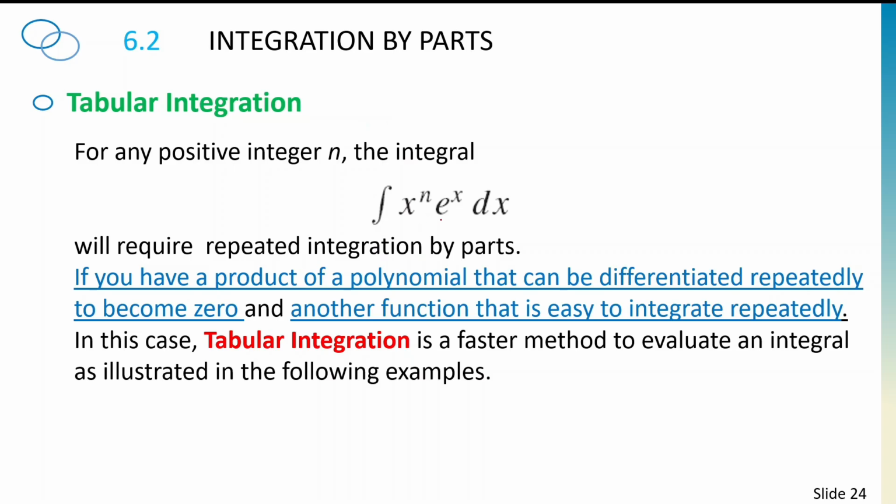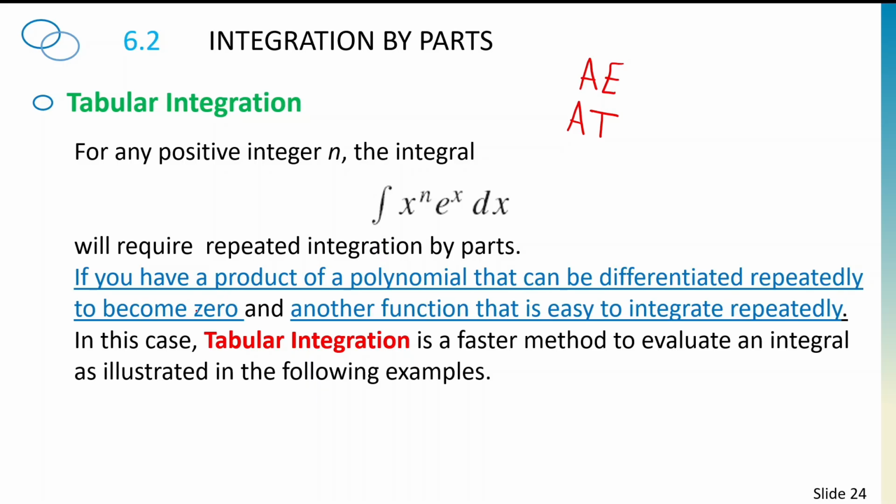One of the cases is if you have a power function with an exponential function, or a power function with a trig function like sine and cosine. Anything like that, we can use this tabular integration method, which is a fast method.